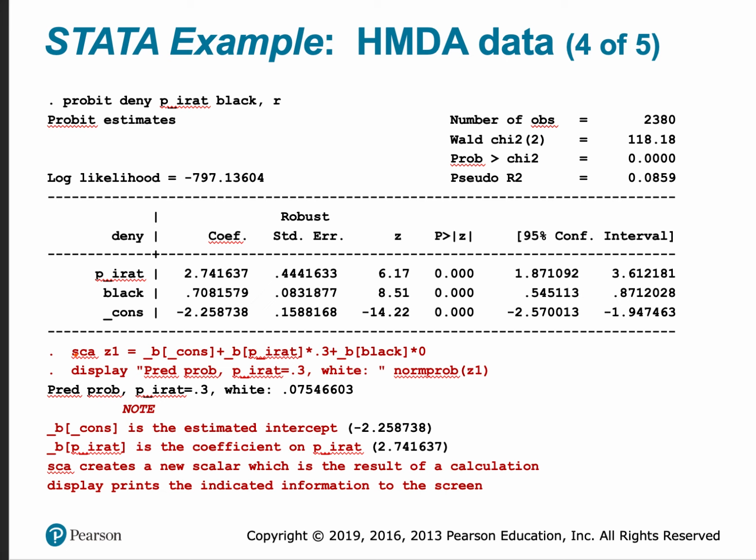That's what this code sca means. sca Z1, scalar Z1 is equal to _b[_cons] plus _b[pirat] times 0.3 plus _b[black] times 0. So we're generating this scalar Z1 using the coefficient estimates. The _b is the coefficient, the _cons. This is drawing from the data.